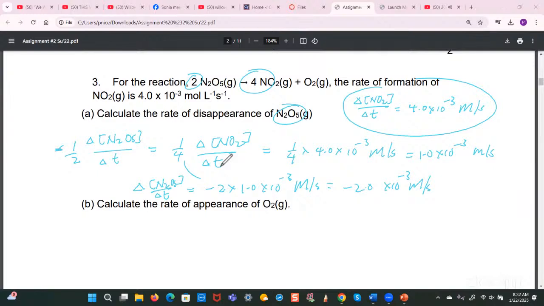And therefore, because of how the question is worded, the question is asking for the rate of disappearance. We can therefore say that, continuing down here, rate of disappearance of N2O5 is equal to 2.0 times 10 to the minus 3 M over s.